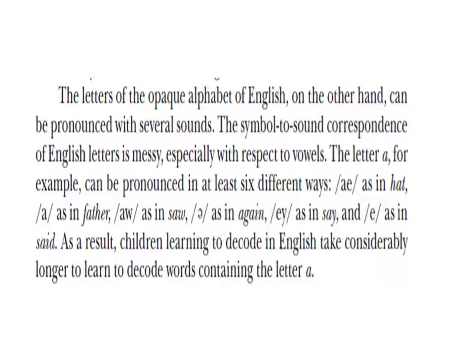For example, the letter A can be pronounced in at least 6 different ways, as in hat, father, so, again, say, said. As a result, children learning to decode English take considerably longer to learn to decode words containing the letter A. So teachers need to pay special attention to the pronunciation of vowels when pronouncing words.